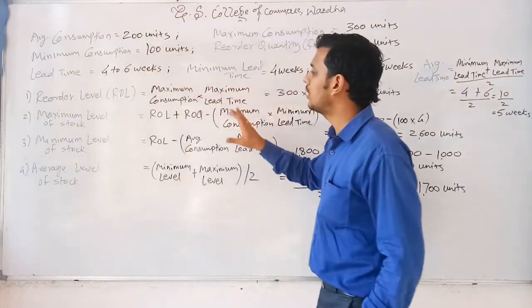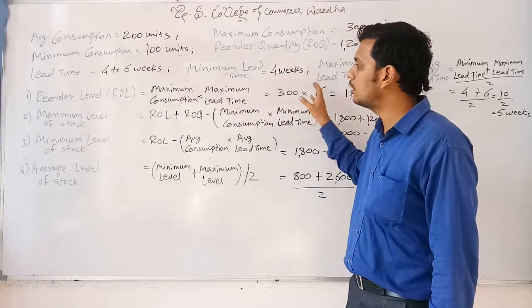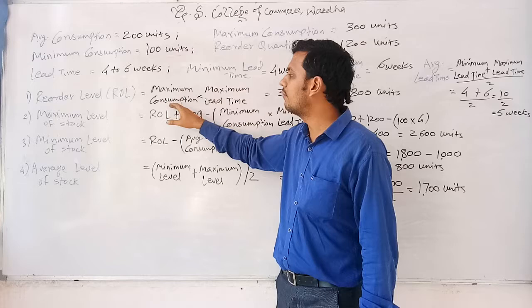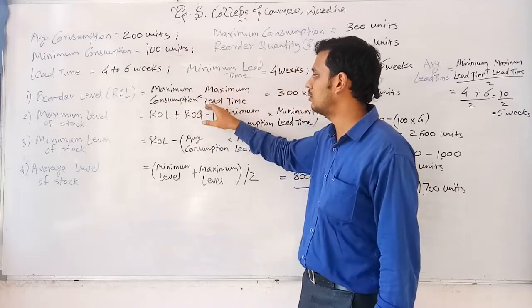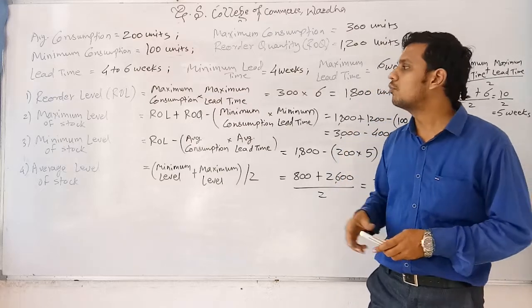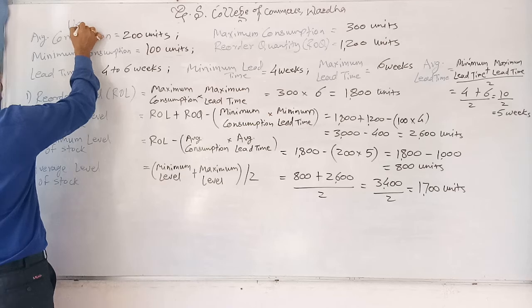Formulas are similar, but we can easily remember them by practicing more and more questions related to this. For calculation of reorder level, the formula would be maximum consumption multiplied by maximum lead time. Here the word consumption can also be replaced with the word usage. For example, we can write it here as average usage.